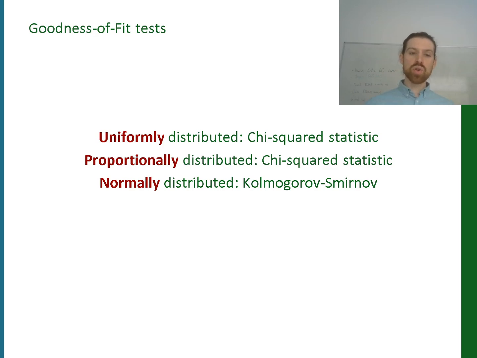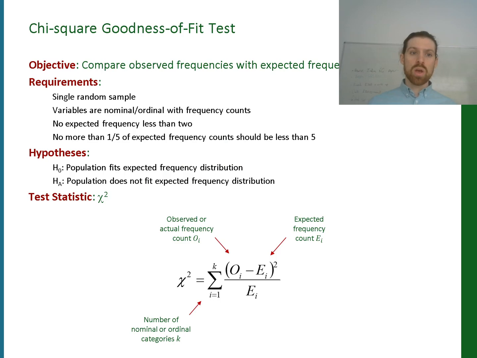If you're focusing on uniformly or proportionally distributed data, then you need the chi-squared test statistic, compared to the normally distributed data where you need to focus on the Kolmogorov-Smirnov test. Okay. So we'll get to that in a little bit. We're going to start for now with the chi-squared goodness of fit test. So basically we need to compare the observed frequencies that we've obtained with some sort of expected frequency.